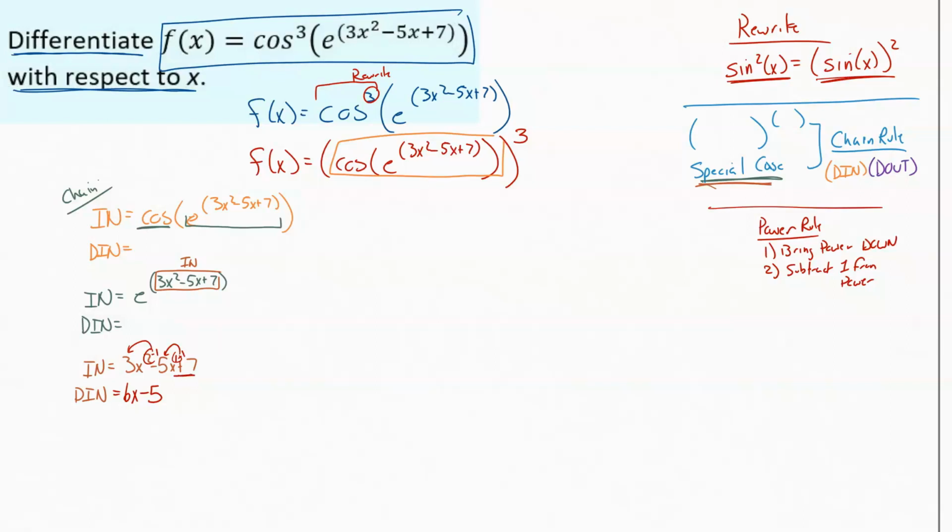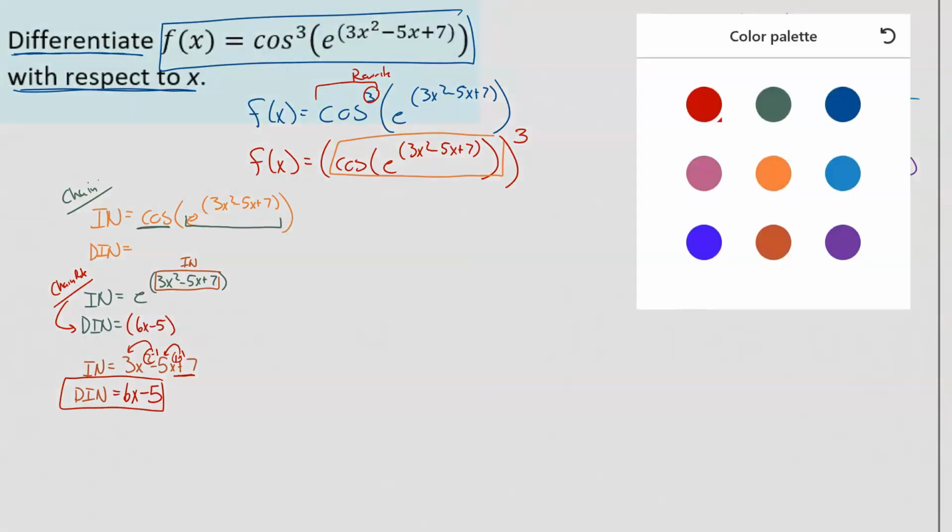And then the derivative of 7, the derivative of a constant, is always 0. So there's our d in right there. Reminding ourselves that in order to do this, we needed to do a chain rule to get to this d in. So that's our d in of our d in, so that's 6x minus 5, but now we also need a d out.